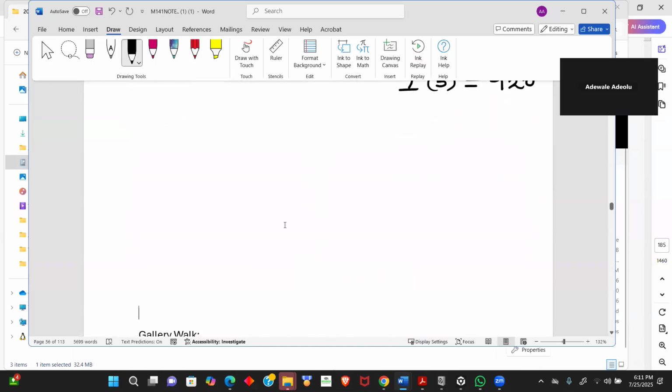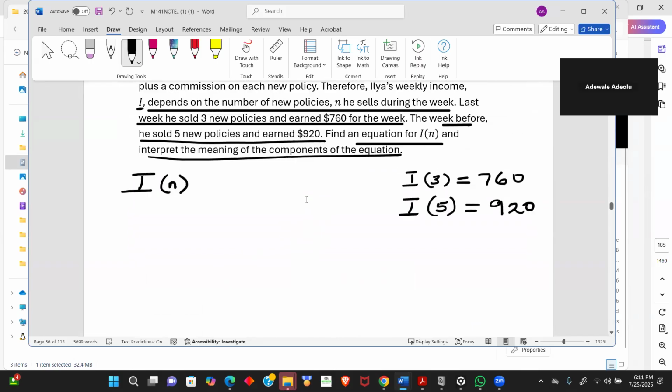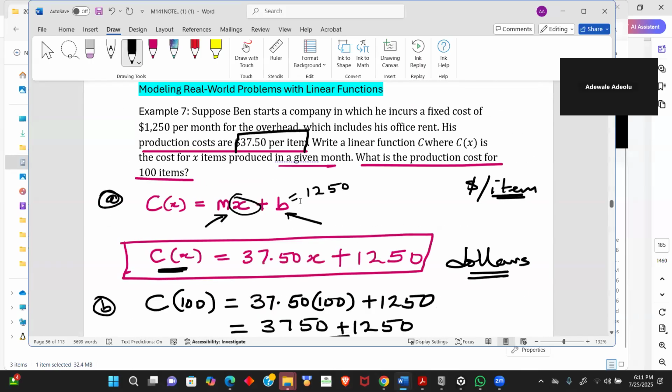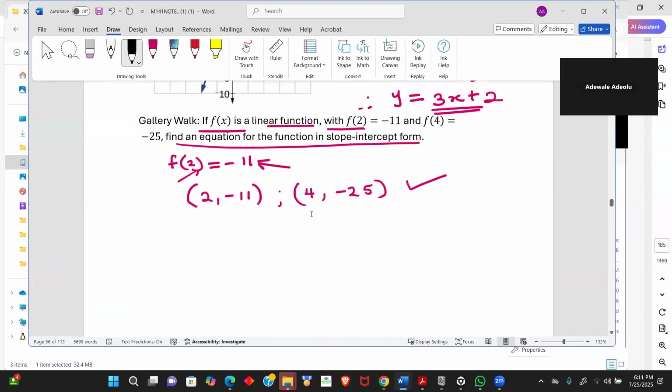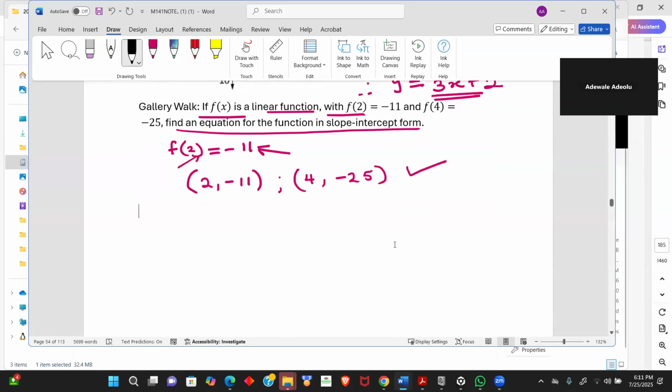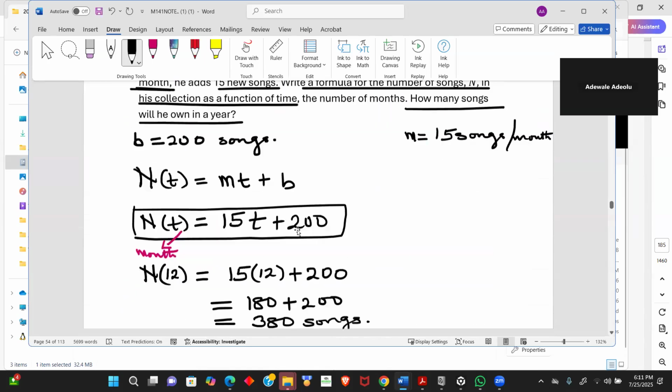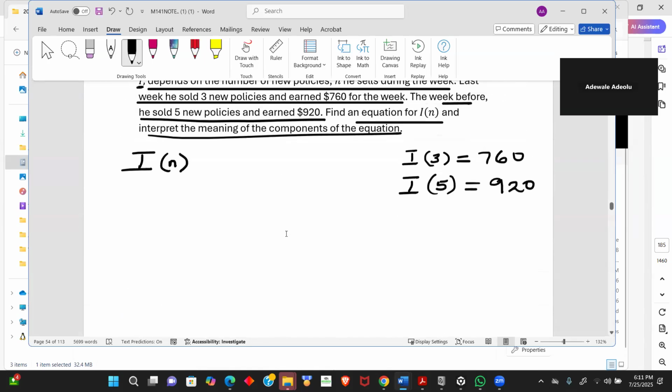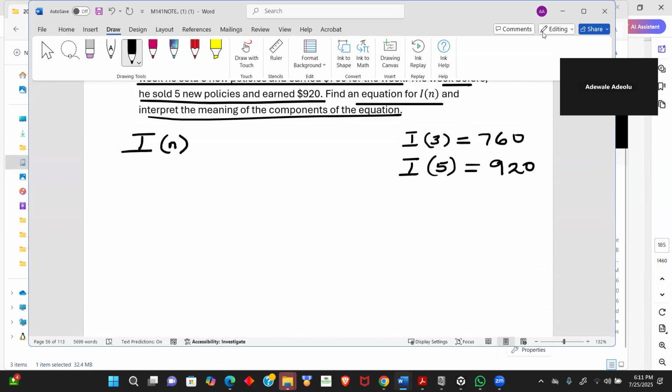If you pause the video the other time to find the, let me take you back to that problem. Okay, I even interpreted what this means, right? F of 2 is -11 in terms of a point. Can I do the same thing here and say this is exactly 3, 760? This is the input, and this is the output.